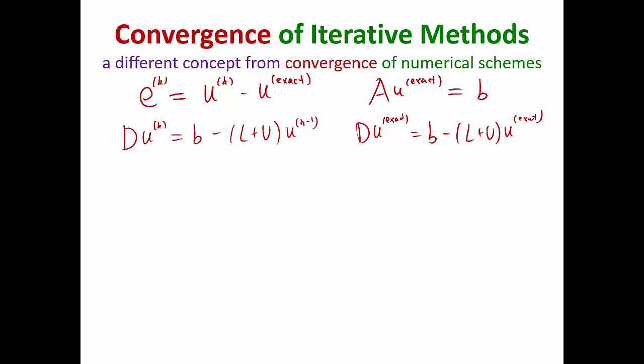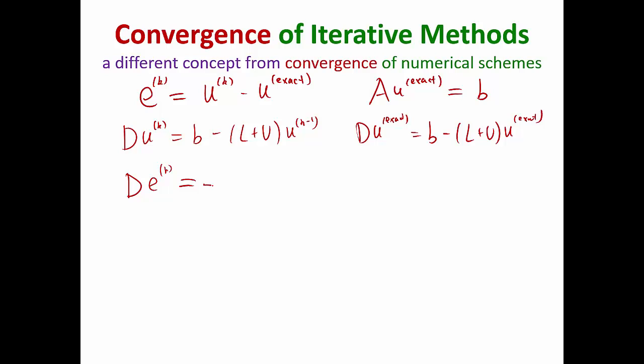Now, what happens if you subtract these two equations from each other? The left-hand side would become D times what? D times ek, exactly. And what happens to the b? It cancels.